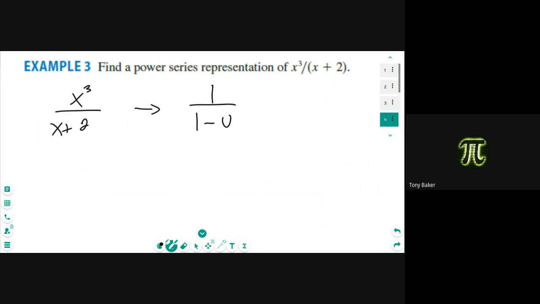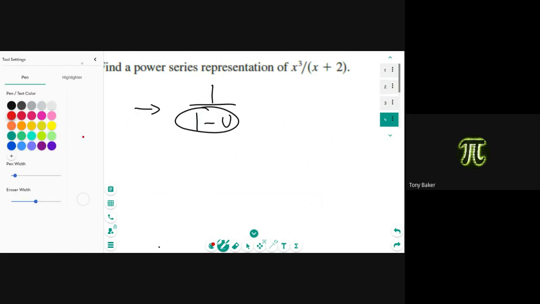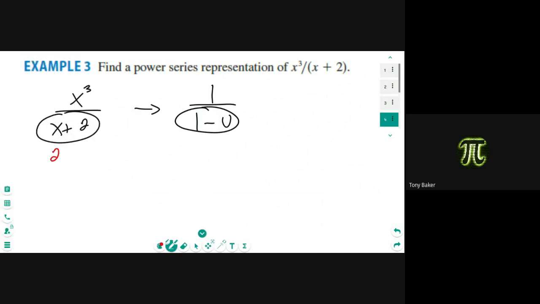So what are we going to do in this problem? I need to somehow change this to that on the bottom, right? Okay, so let's make a quick little change to help me out here. Let's just make this 2 plus x, just so it's in the same order.